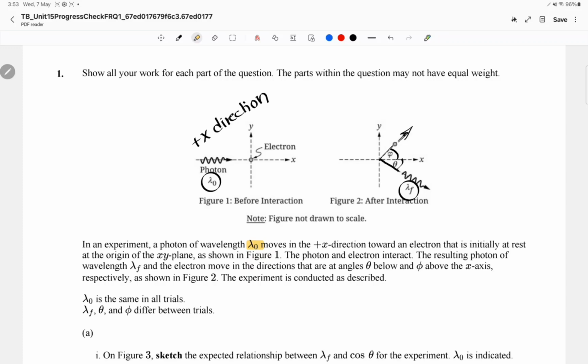The photon and the electron interact, that means they collide, and the resulting photon of wavelength lambda f and the electron move in the directions that are at angles theta below and psi above the x-axis, respectively, as shown in figure 2. The experiment is conducted as described.